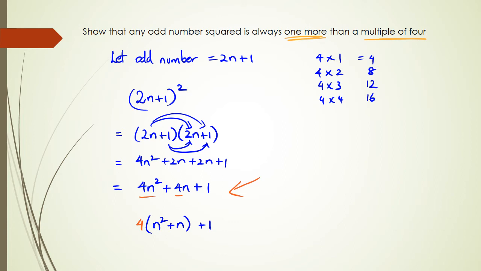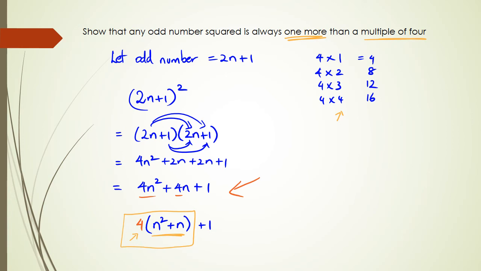And from here you can see that, if you go back to my table, if you have 4 times any number, then you're going to get a multiple of 4. And likewise here, because this 4 is getting multiplied by this number, this entire thing will be a multiple of 4. And if you go back to the question, you can see that we've shown that any odd number squared is always one more than a multiple of 4.